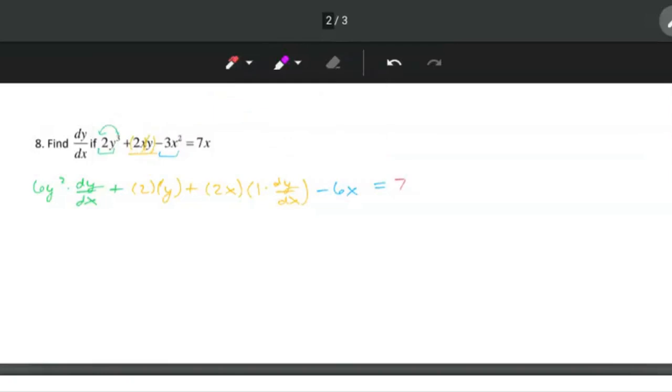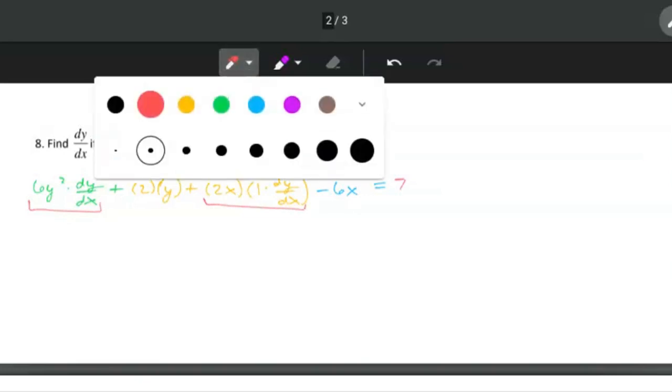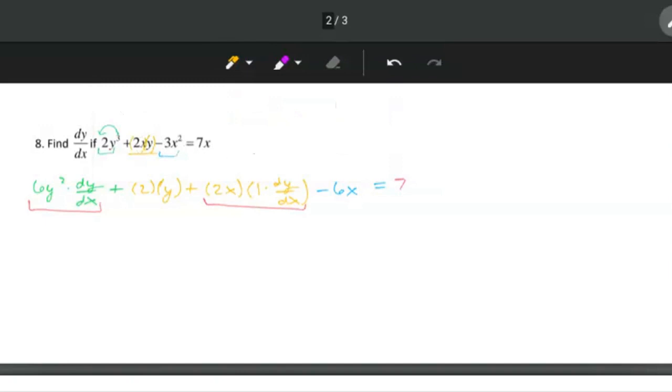And we need to solve for dy dx, so we need to get all the dy dx terms on one side of the equation by themselves. So I'm going to leave those on the left side and move the other stuff to the right side. This 2y, we could subtract 2y to the other side, so those cancel. And the negative 6x, we could add it to the other side, so those cancel. With our dy dx, we can factor the dy dx out of the terms that are left on the left side.